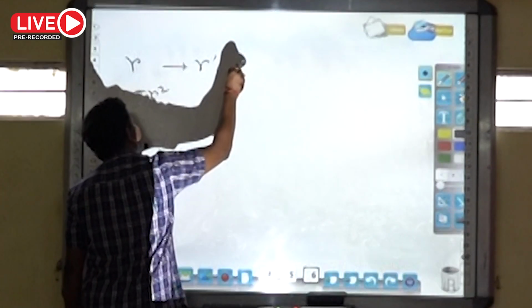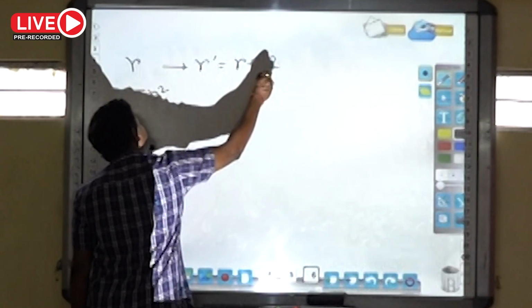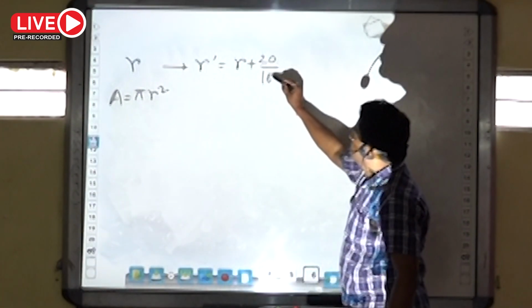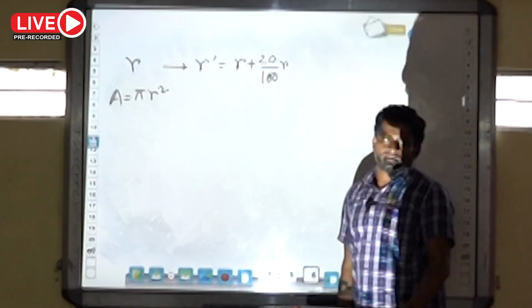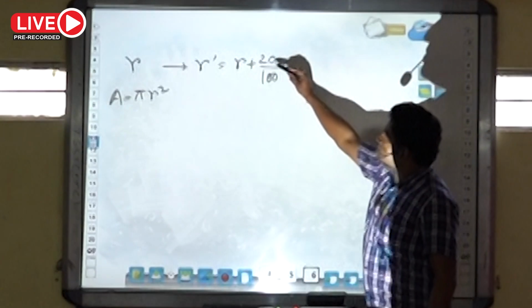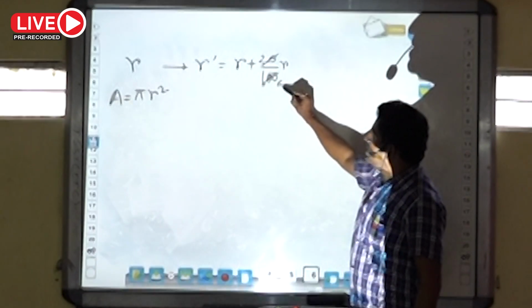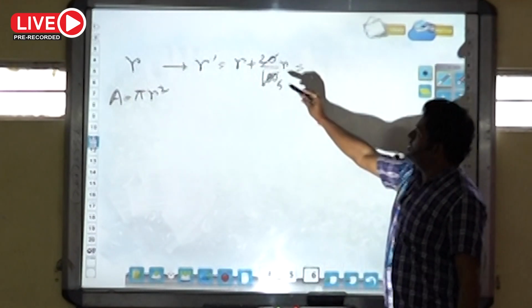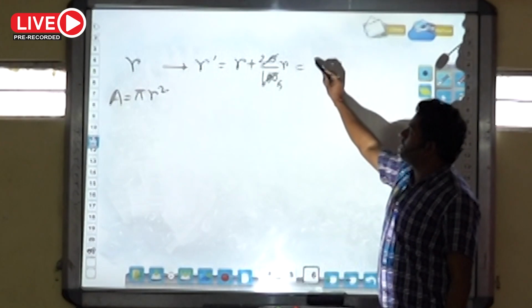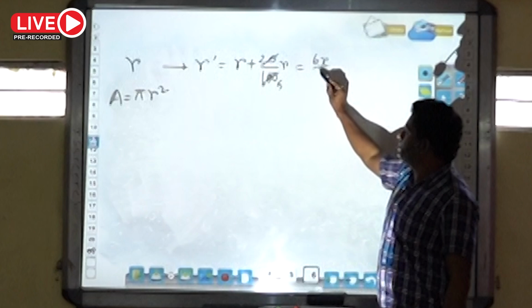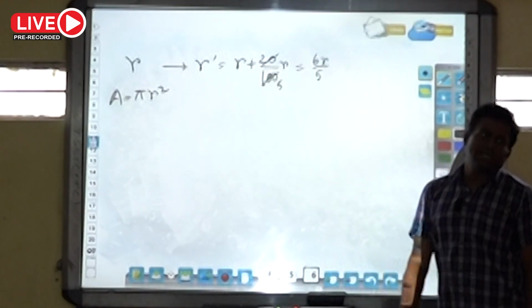So r prime is r plus 20 by 100 r, because it is changed by 20%. So 20 by 100 r means this is r by 5 actually. So it will become r plus r by 5, that is 6r by 5. This is the new radius.